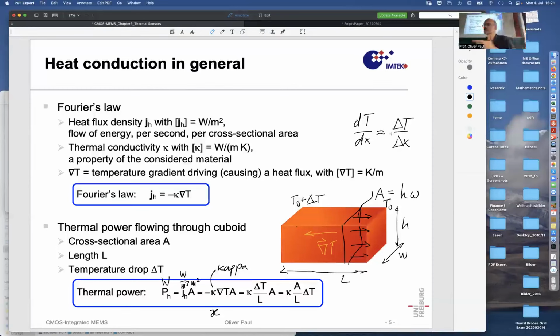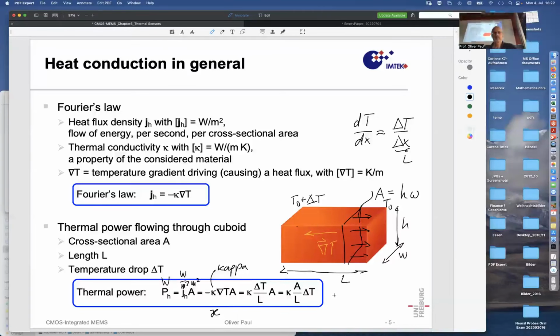And the equality is true if temperature is indeed a linear function, and then this delta x is of course the length over which temperature changes by delta T. So delta T over L, and then we have kappa A over L times delta T.